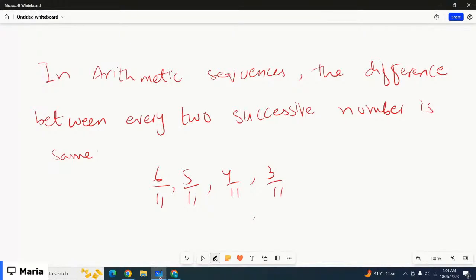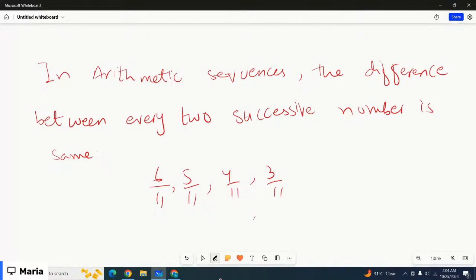So how do you solve? Just look at the numerators. They all have equal denominators, right? The denominators are 11 and the numerators are 6, 5, 4, 3. The numerators are decreasing by 1 each time.